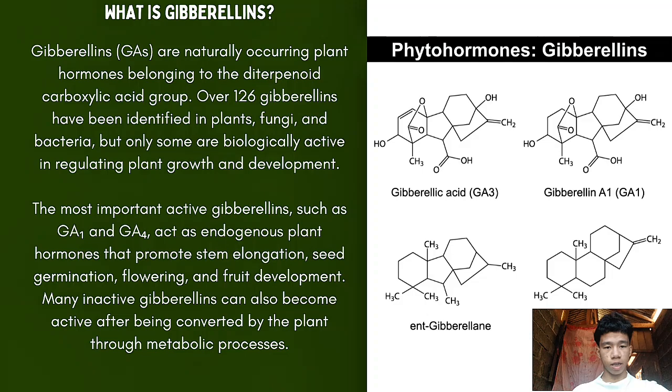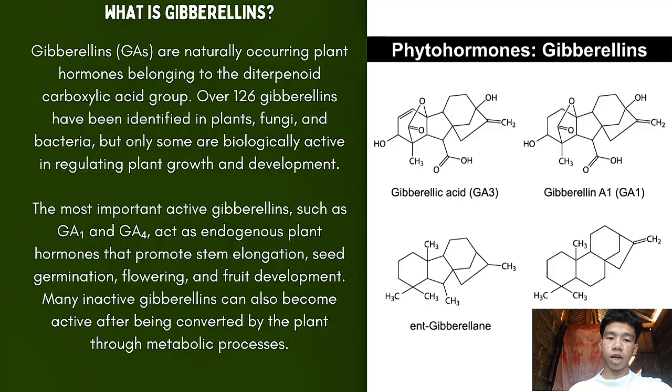So what are gibberellins? Gibberellin is a naturally occurring plant hormone belonging to the diterpenoid carboxylic acid group. Over 126 gibberellins have been identified in plants, fungi, and bacteria, but only some are biologically active in regulating plant growth and development.